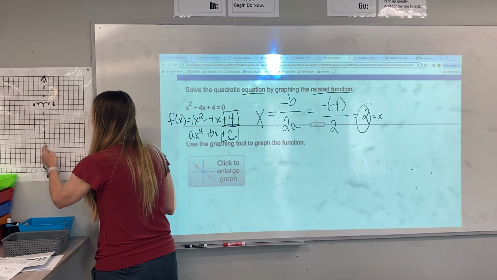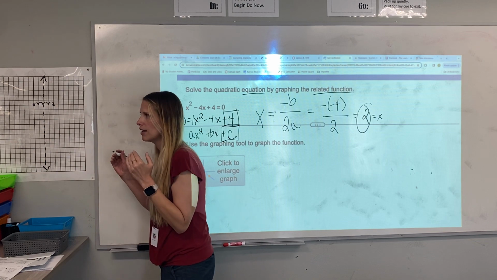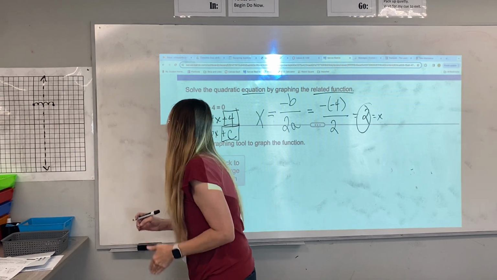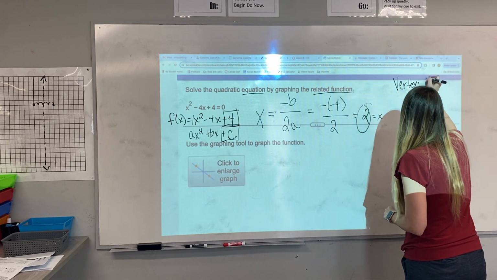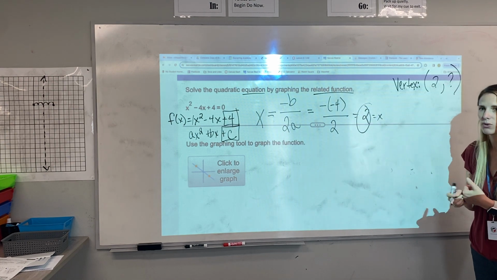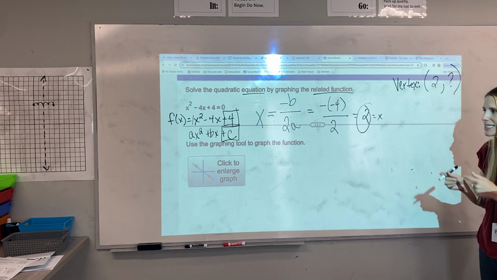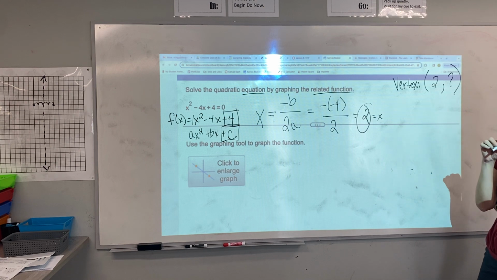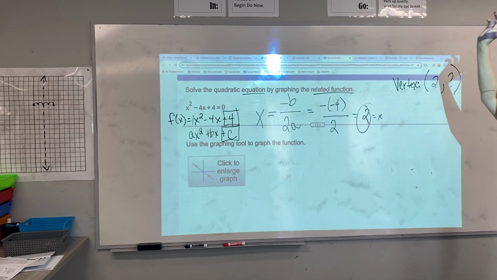Because if all of the points on this line have the x value 2, then the vertex has to have an x value of 2. We just don't know the y value of the vertex yet. How can we figure out the y value of the vertex if we know that the x value is 2? It could be anywhere. It could be 100, it could be negative 1,000,000. How do we know? How do we find it?